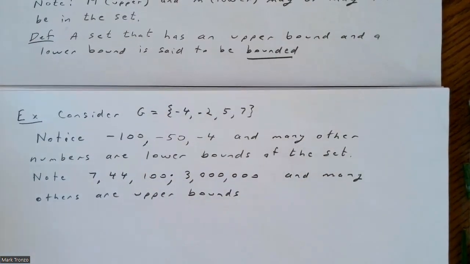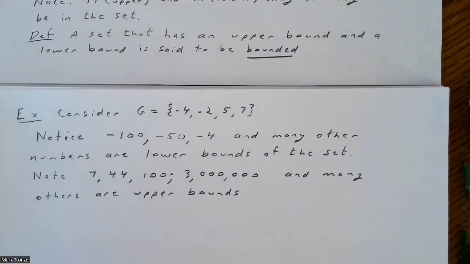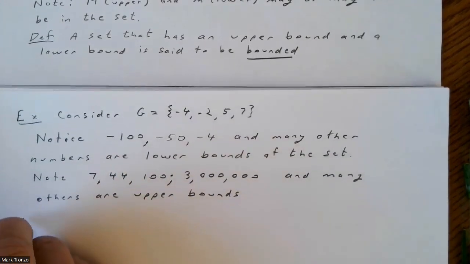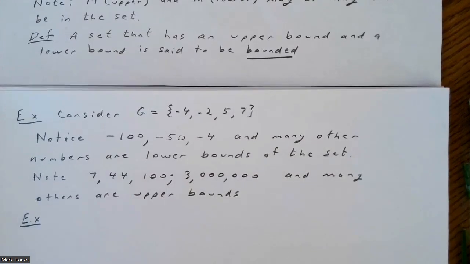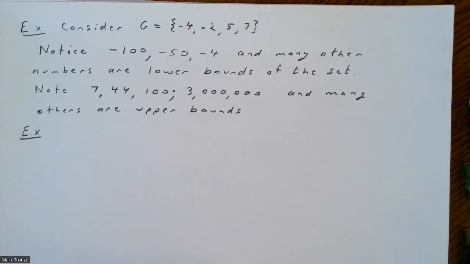So the definition of a bound really isn't too precise. It's just going to be something bigger than or equal to everything in the set. And now you can see here sometimes the bound is in the set and sometimes not, and sometimes it can't be. So let's consider this set here.